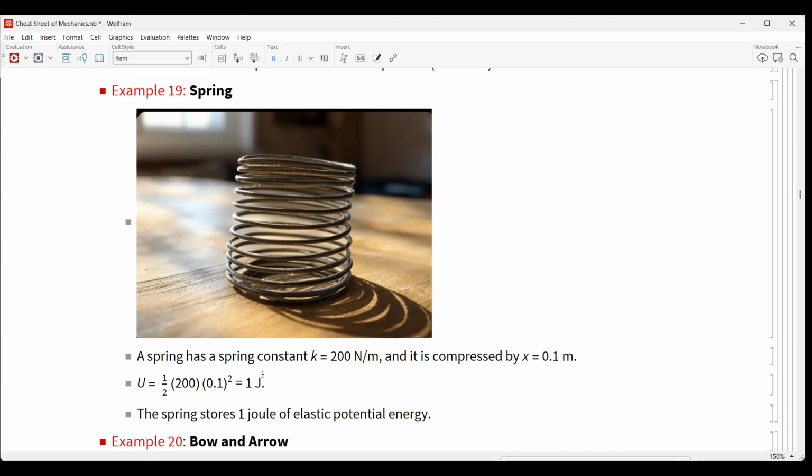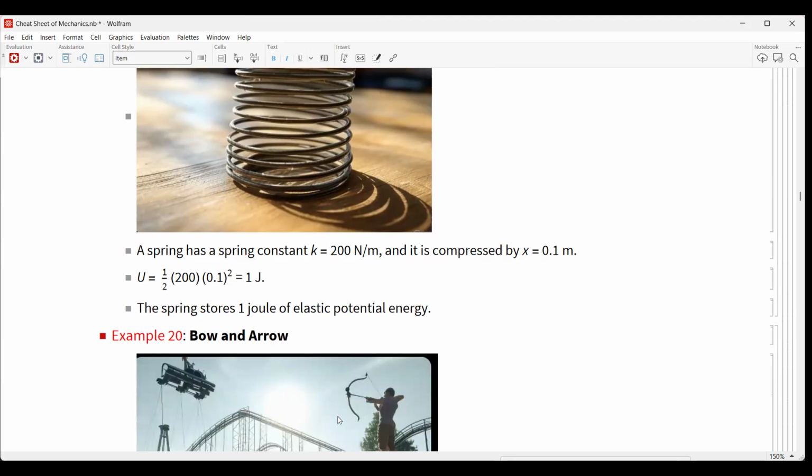So the elastic potential energy of the spring is 1/2 kx squared. Here k is the spring constant 200 and x is 0.1 meter. So it is compressed, and the spring stores 1 joule of elastic potential energy.